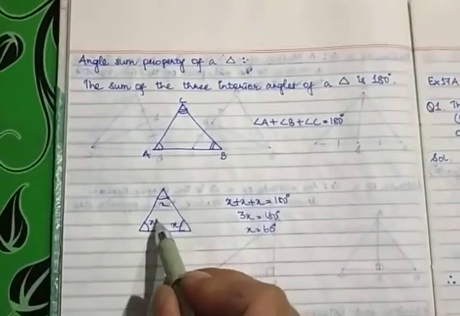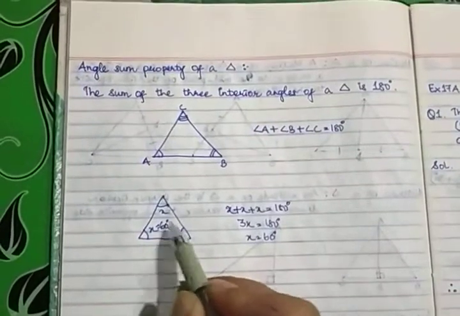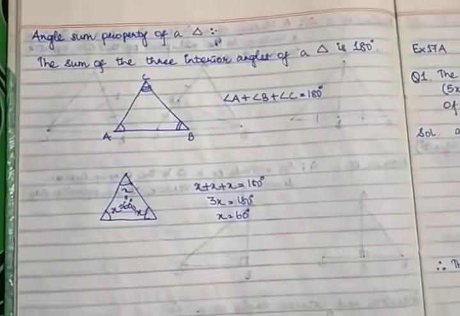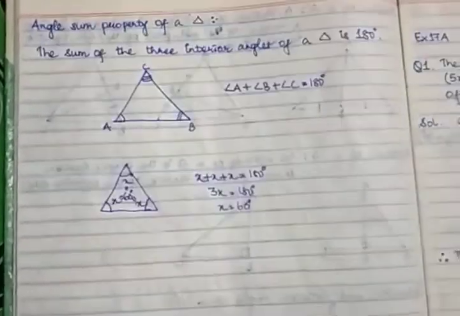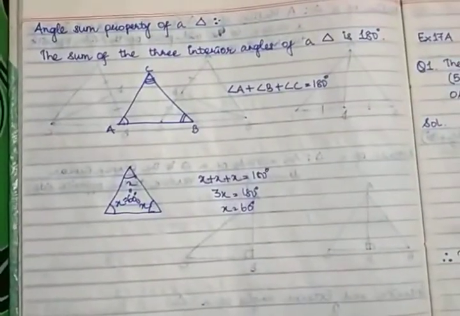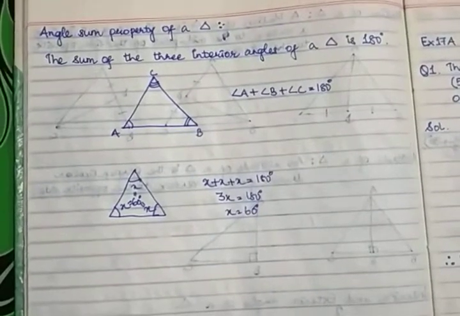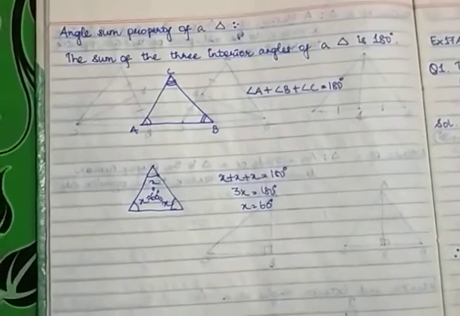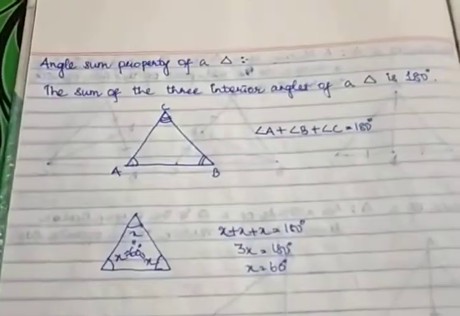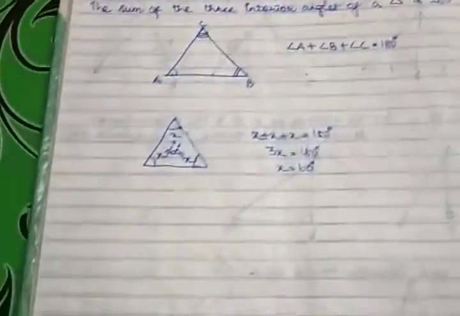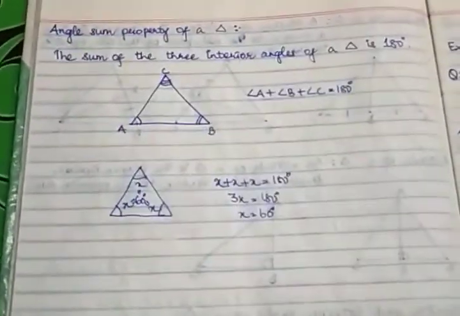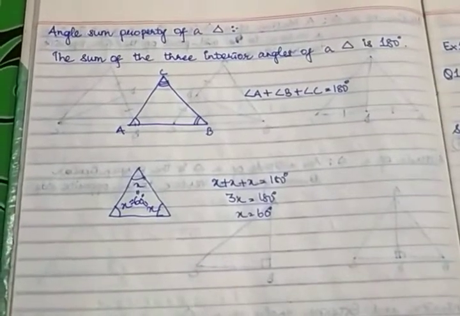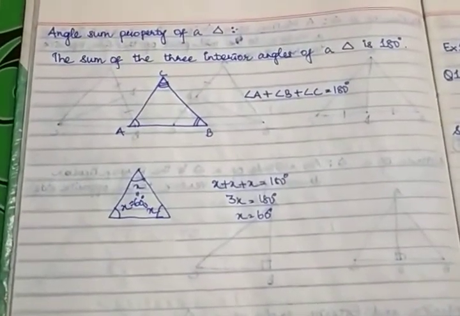That means the interior angles of an equilateral triangle are equal to 60 degrees each. Okay, all the three angles of an equilateral triangle will be equal to 60 degrees, because all the three angles are equal, isn't it?